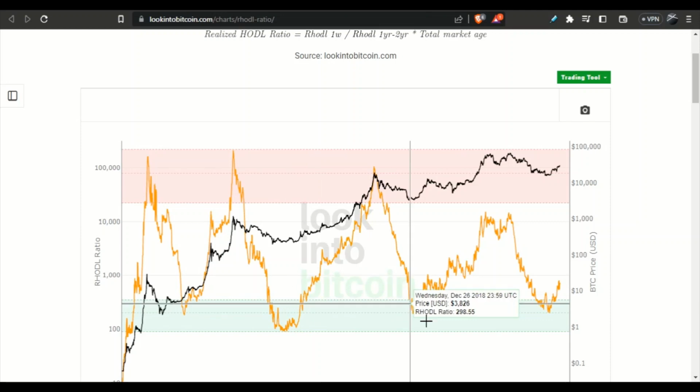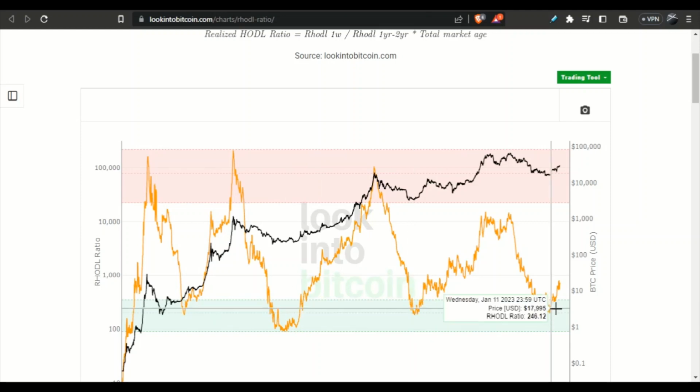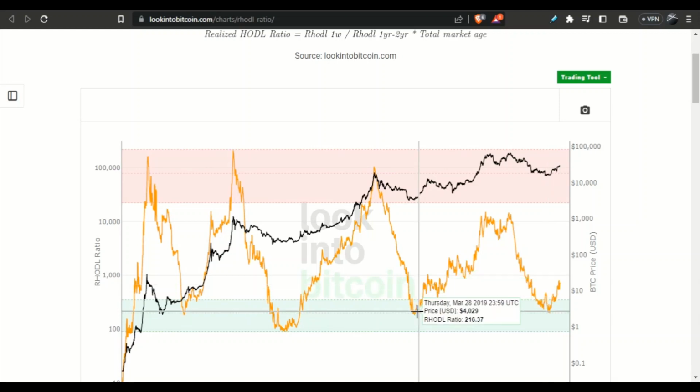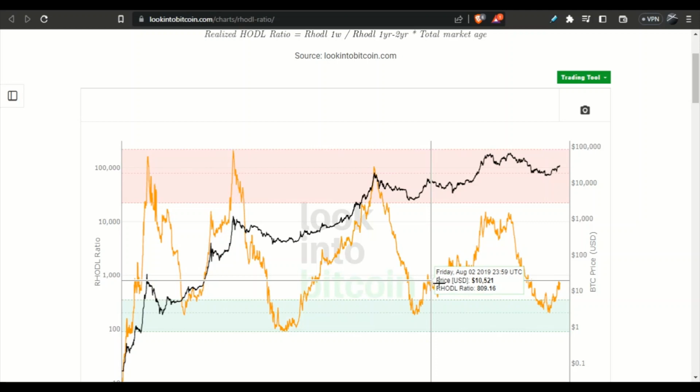And if you notice, we are just coming back up from the oversold territories in this area. So yeah, we're very low on the metric and just moving up, just as we were very low here, and we're just moving up.